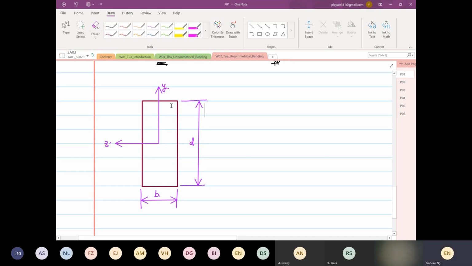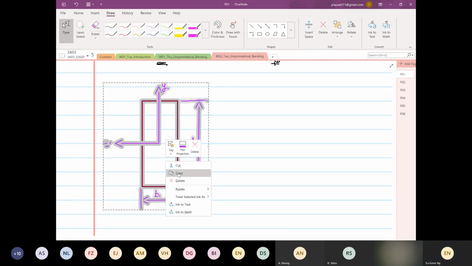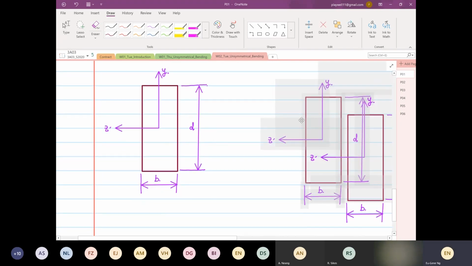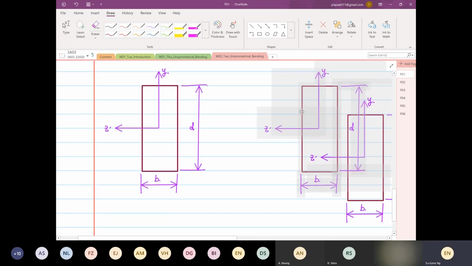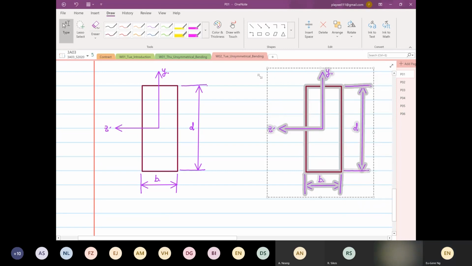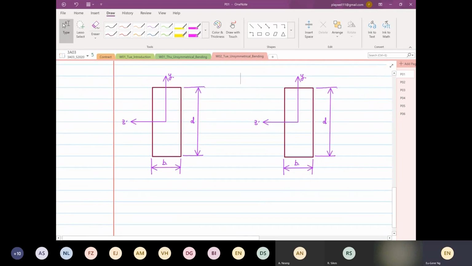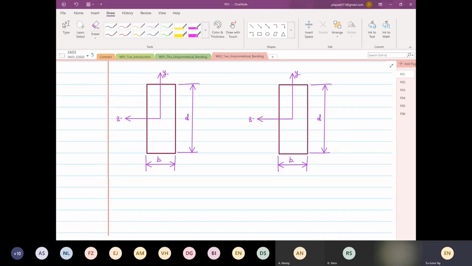So I'm going to copy this whole diagram and paste it. I'm going to ask all of you. On the left-hand side of the diagram, I want to calculate my IYY, and on my right-hand side, I'm going to calculate my IZZ.